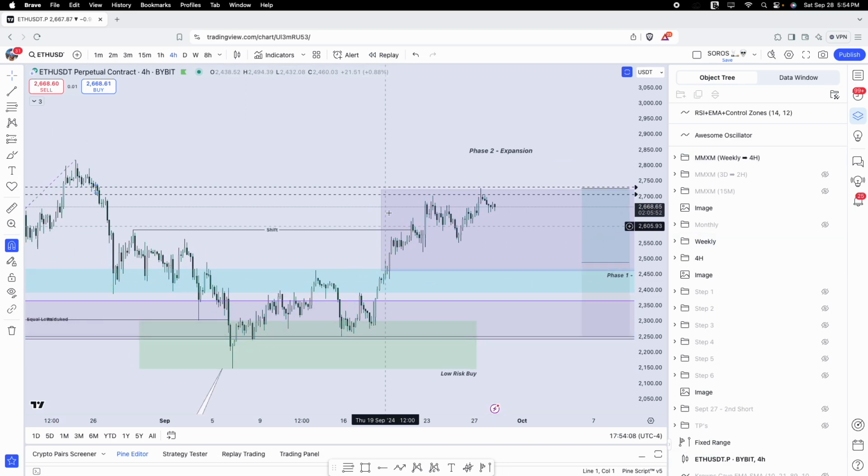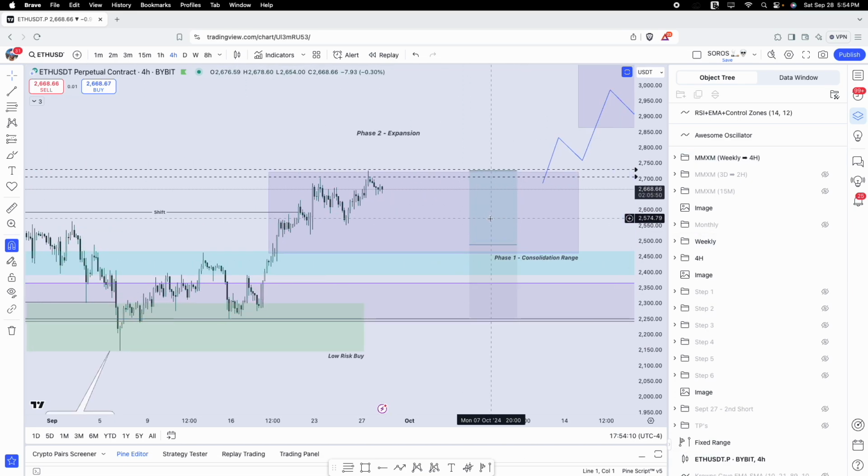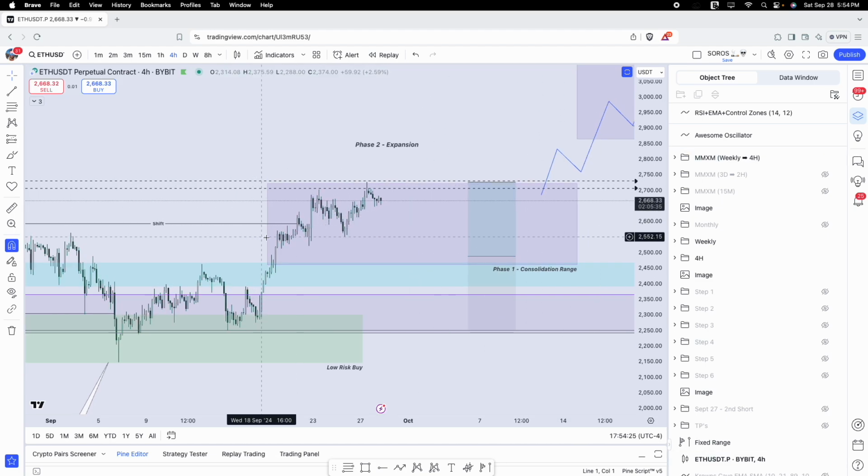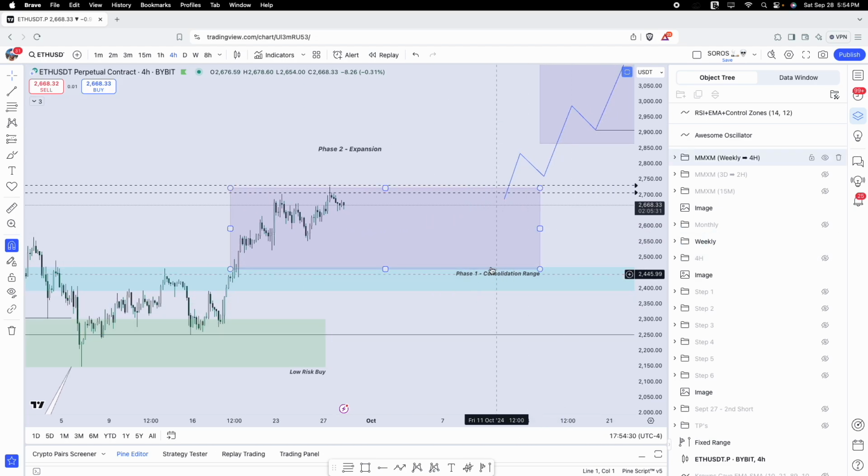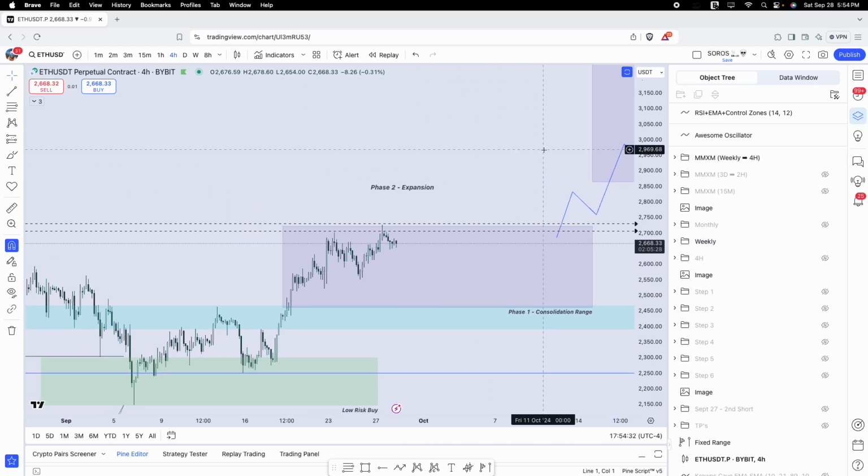So raid, shift, and now in the dealing range, we're basically in the consolidation range. This looks like exhaustion up here. It might do one more push up to grab that high, but the point is we want to see the range form and just test the lows again. That's pretty much where I believe we are on this model.